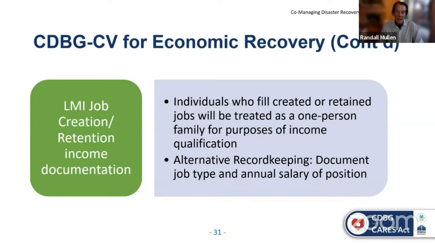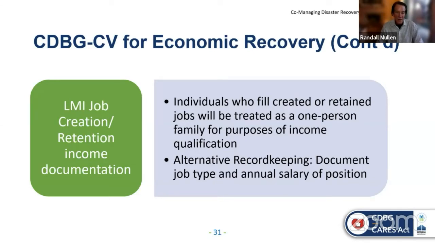Collection of income information directly from assisted businesses streamlines the assistance. Grantees and an employer may consider individuals that apply for or hold jobs to be members of one-person families for activities that prevent, prepare for, and respond to coronavirus.